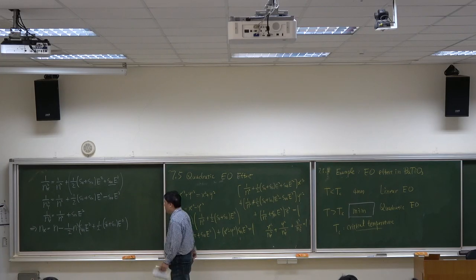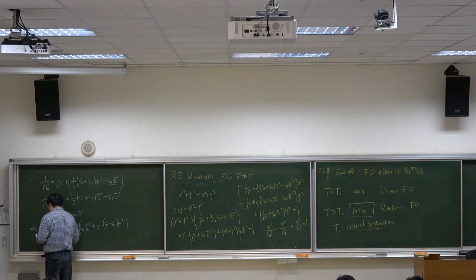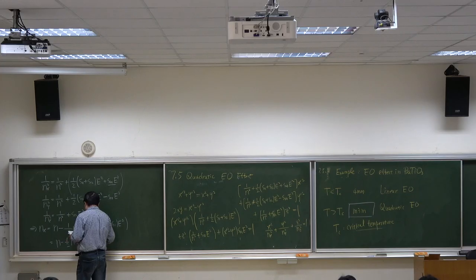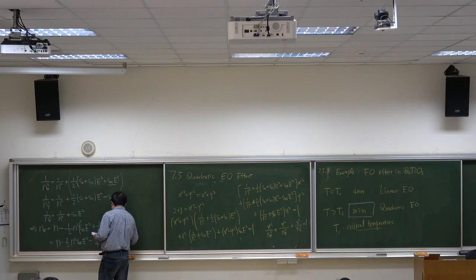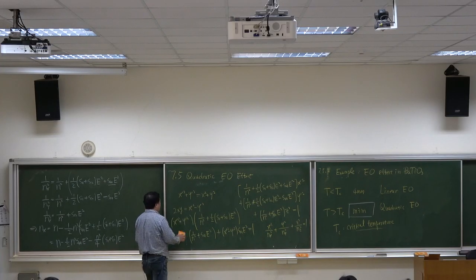So this gives us n minus 1/2 n cubed S44 e squared minus 1/4 n cubed times (S11 plus S12) e squared.